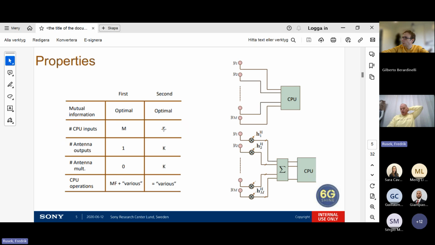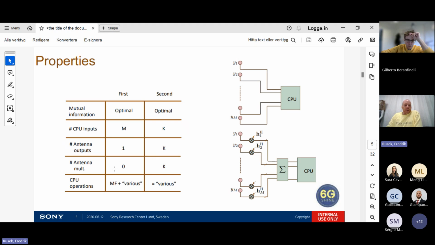Then we can see how many outputs, or symbols, each antenna has to output. In the first receiver it is only one, namely the observation itself. In the second one it is K, because you are multiplying by a vector of dimension K.